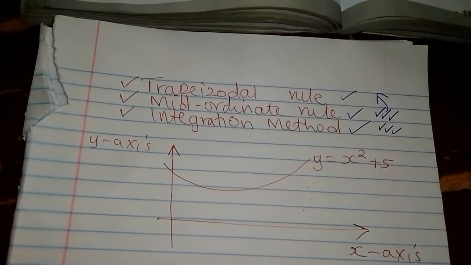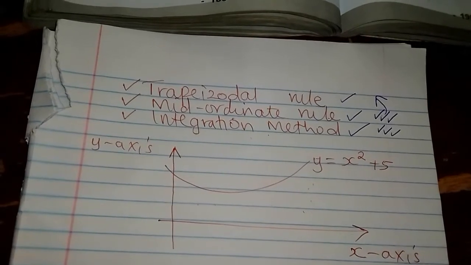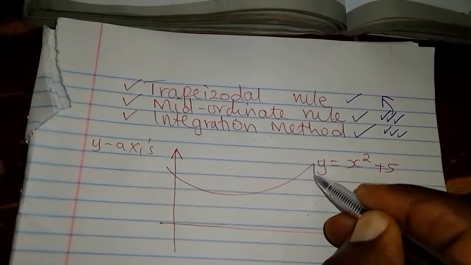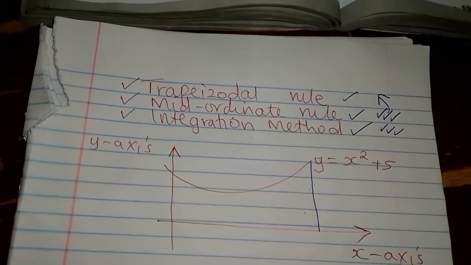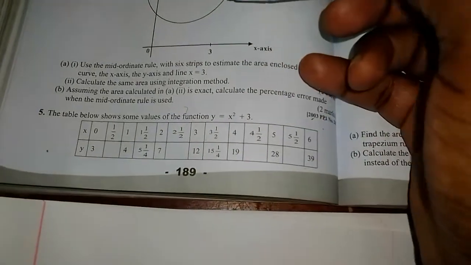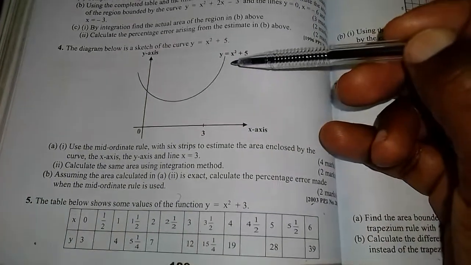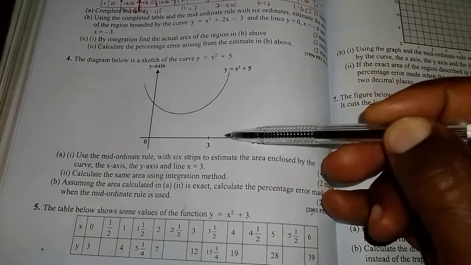If I may make some sketches for you to understand what I'm trying to say, I can draw a line that drops and meets the x-axis. If a line is drawn in this regard, it can fall somewhere in front of 3.